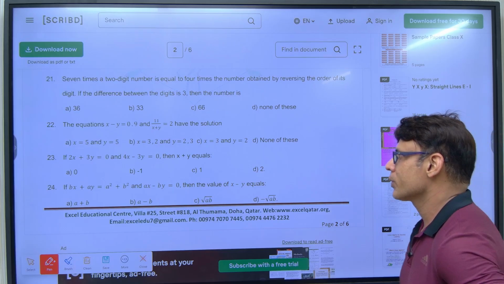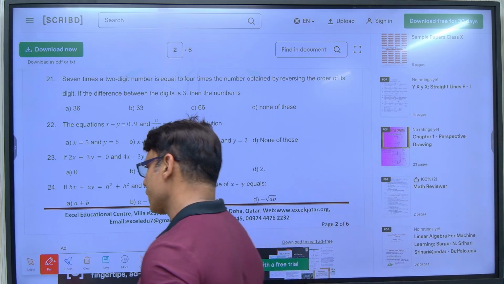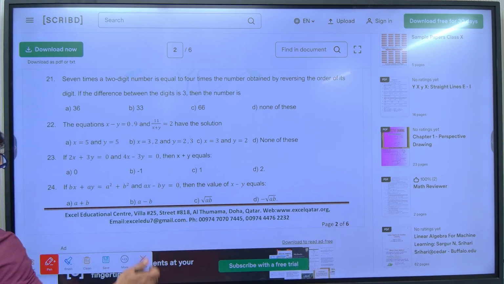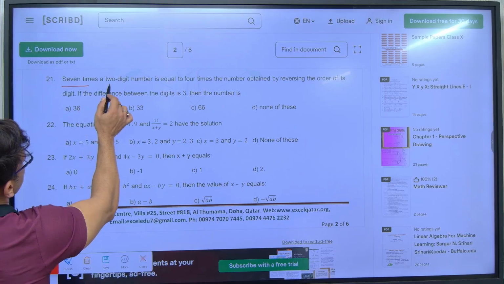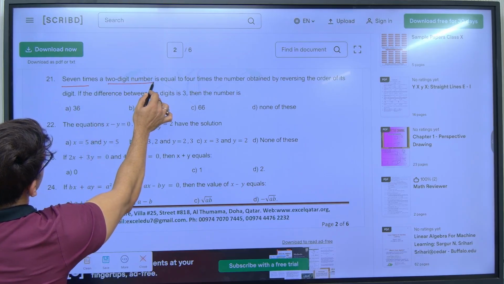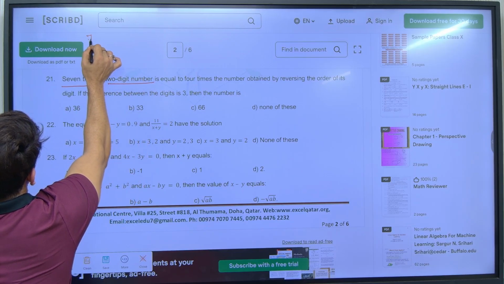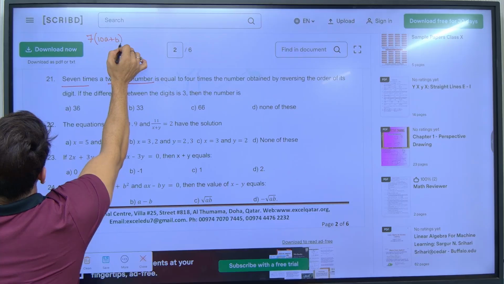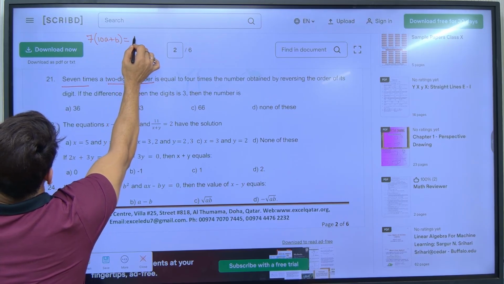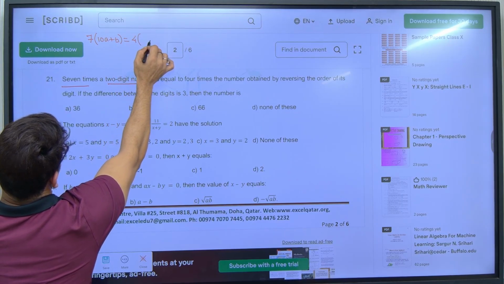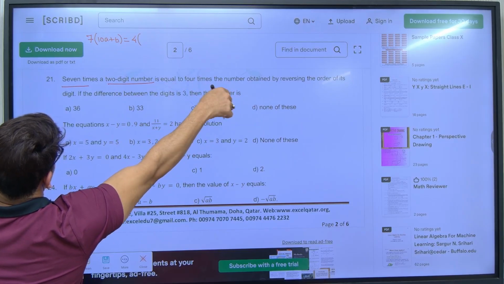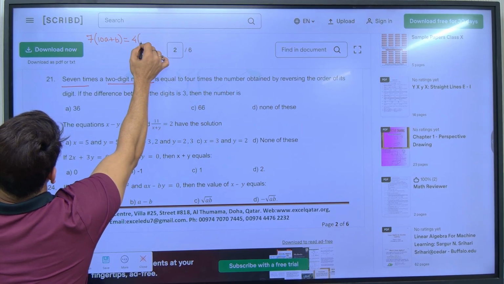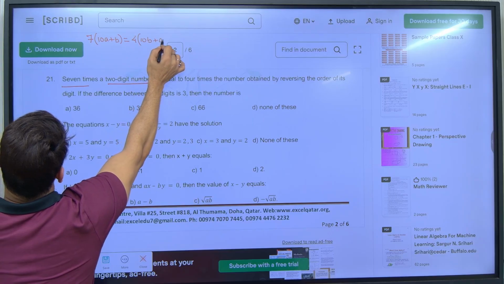Suppose we want to solve this question by equation. In this case, they are saying 7 times a 2-digit number. The 2-digit number is 10a plus b, and that is equal to 4 times the number obtained by reversing the order of the digits.